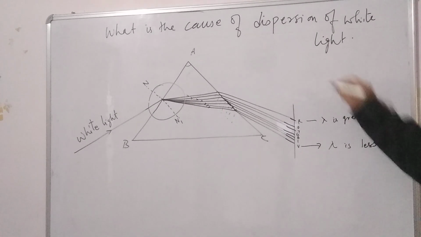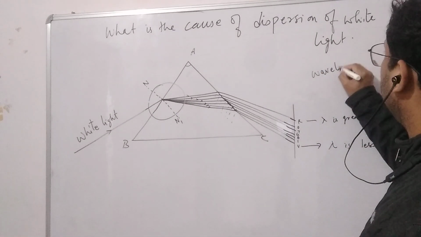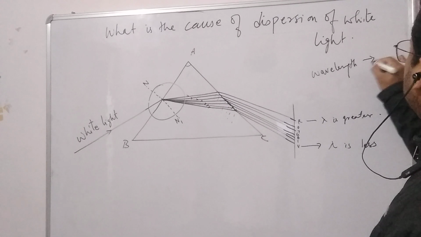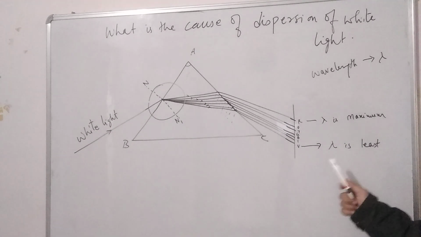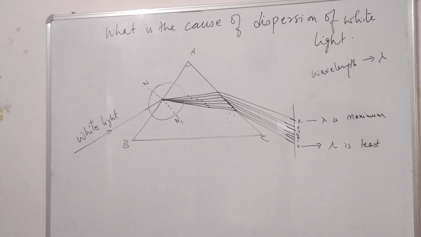We denote wavelength with the sign lambda. This is called lambda. So hope you have understood this. That is, for the red color the wavelength is maximum, and for violet color the wavelength is least.